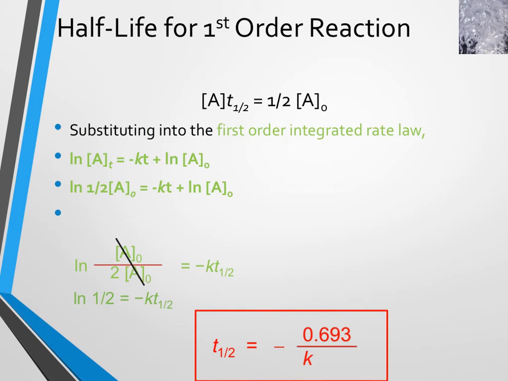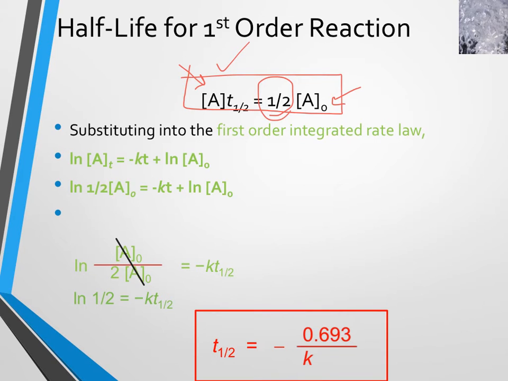So this slide goes over in a bit more detail how you could derive the half-life expression for a first order reaction. And as I said in the last slide, the key is to realize what half-life is. Half-life means that the concentration of some substance A is 1/2 its initial concentration.